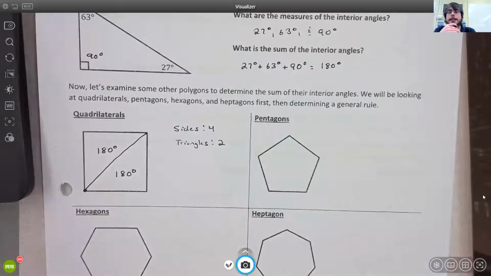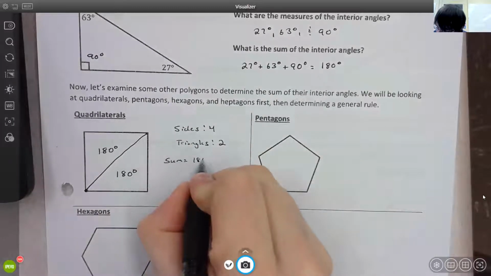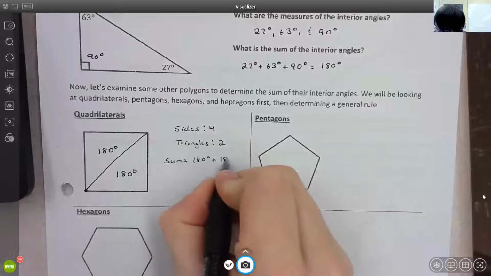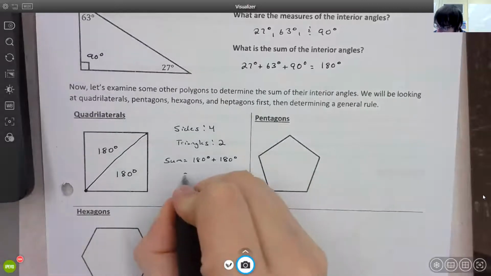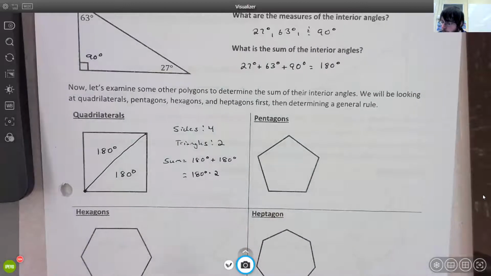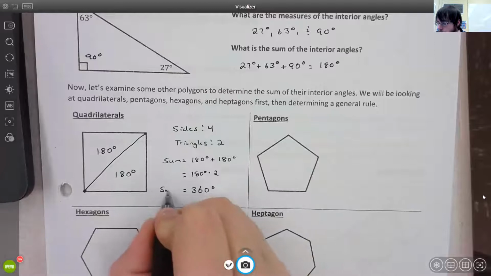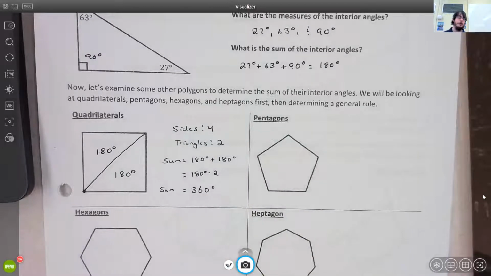So if I want to find the sum of the quadrilateral's interior angles, we can do that by taking the sum of the two triangles that we have. So the sum for the quadrilateral would be 180 plus 180. You could also say that was 180 times 2 because you have two 180s. And when you do that, you get 360 degrees. So the sum of the quadrilateral interior angles is 360.